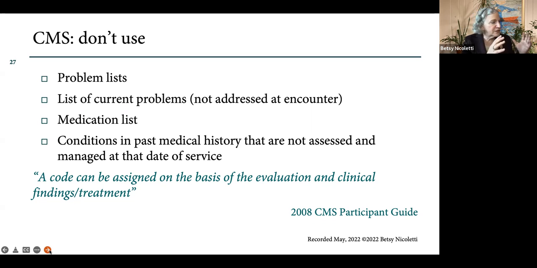And we don't code conditions that are in the past medical history that are not assessed and managed at that date of service. So sometimes we'll look and see that the patient has a lot of conditions in their problem list, their past medical history, but if they're not evaluated and assessed today, we don't code them on today's encounter. But the participant guide says a code can be assigned on the basis of the evaluation and clinical findings treatment.